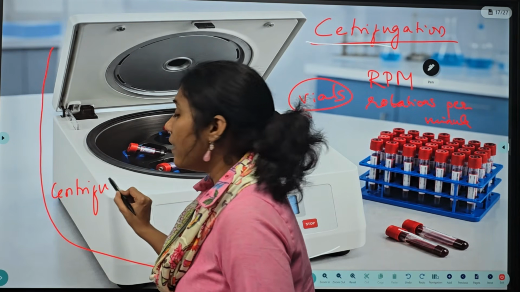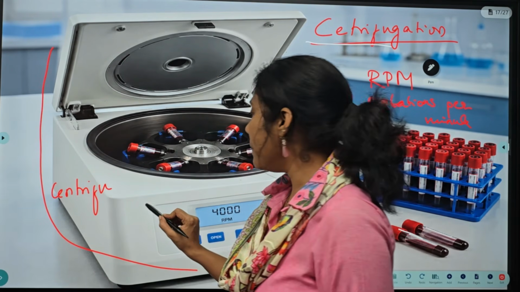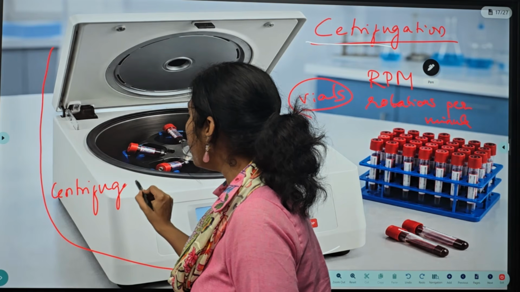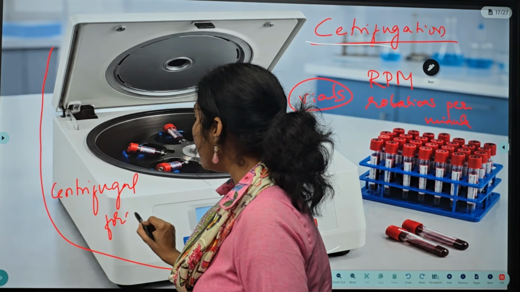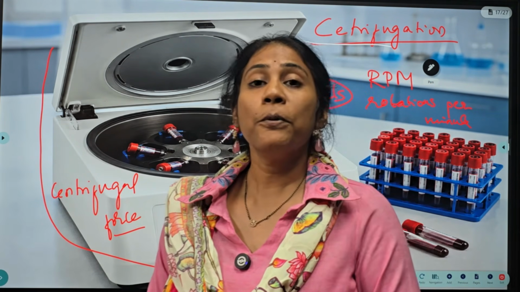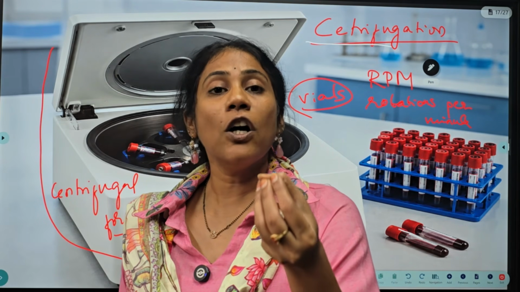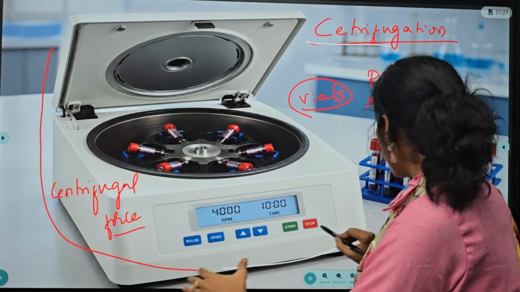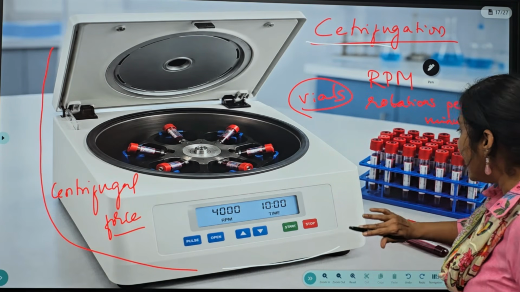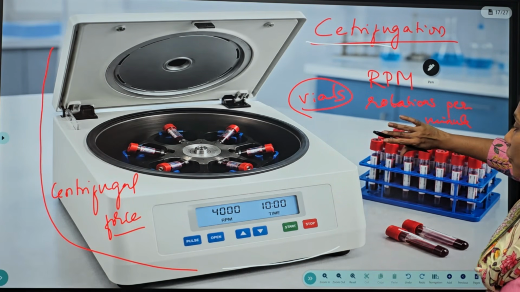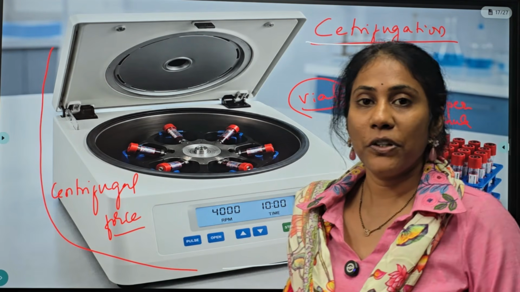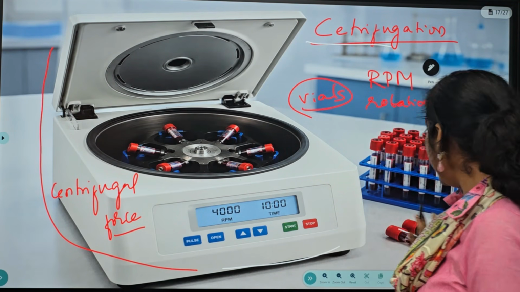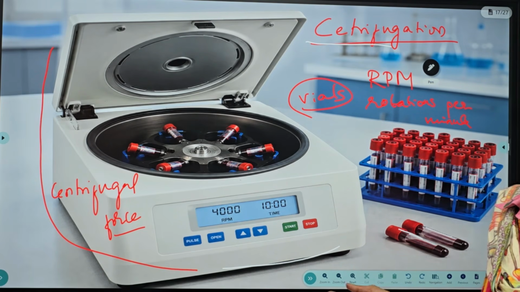When it is rotating at that speed, a force called centrifugal force develops, and this force pushes the denser material, which has more weight, to the bottom, and the lighter material stays on top. Because of that high spinning, the solid part of the blood gets separated from the liquid part.